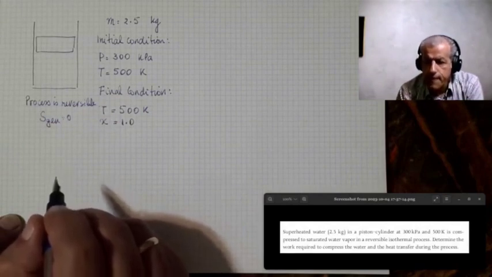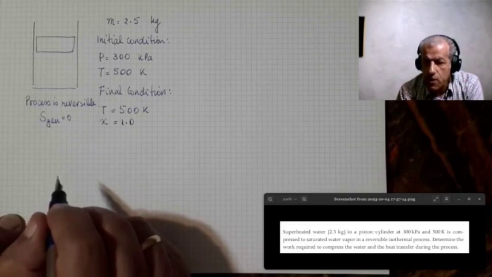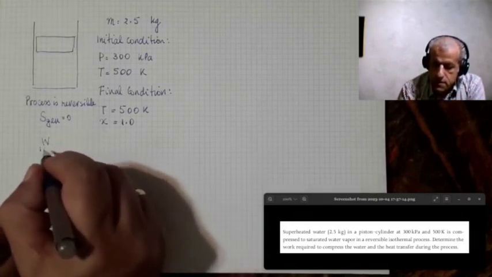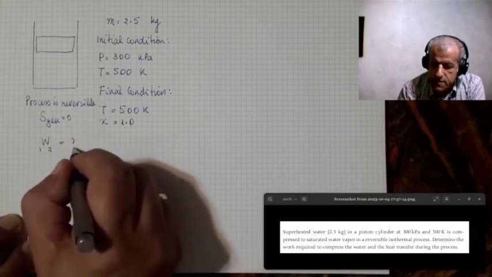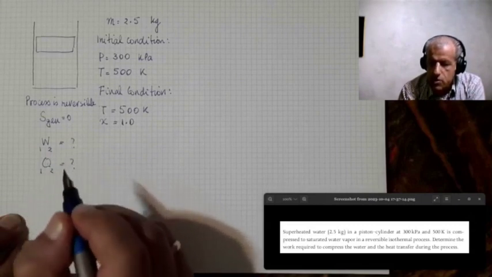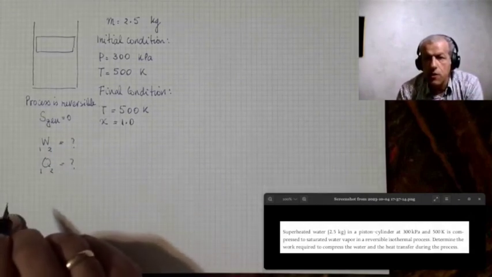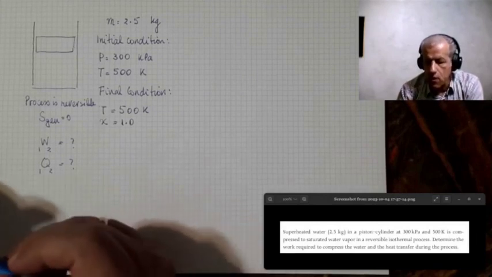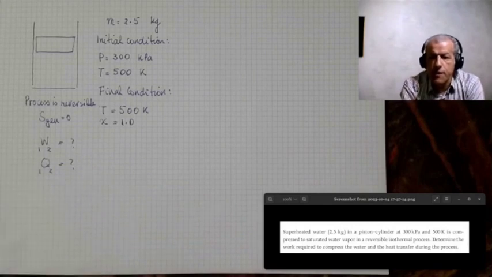Determine the work required to compress the water and the heat transfer during the process. So what is asked from us is how much work should we do and how much heat transfer would we have. So this is all what the problem wants from us.